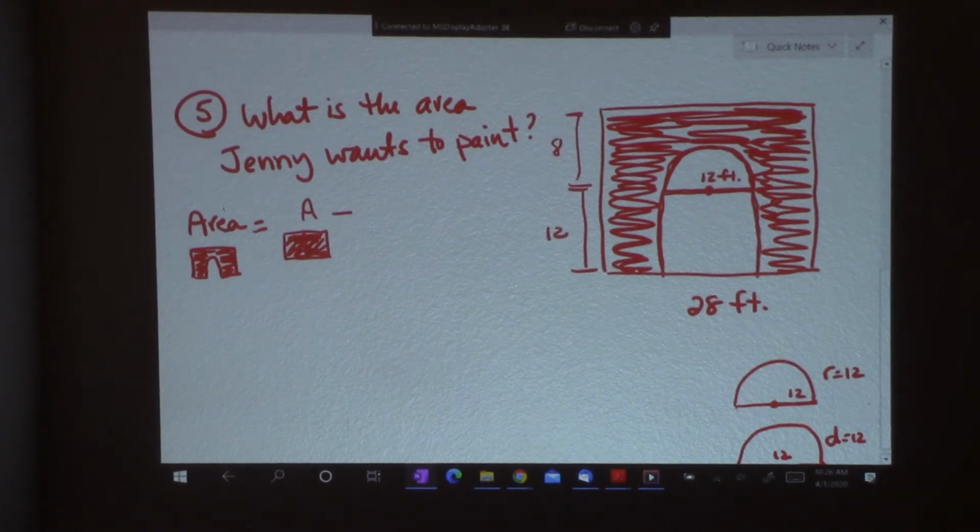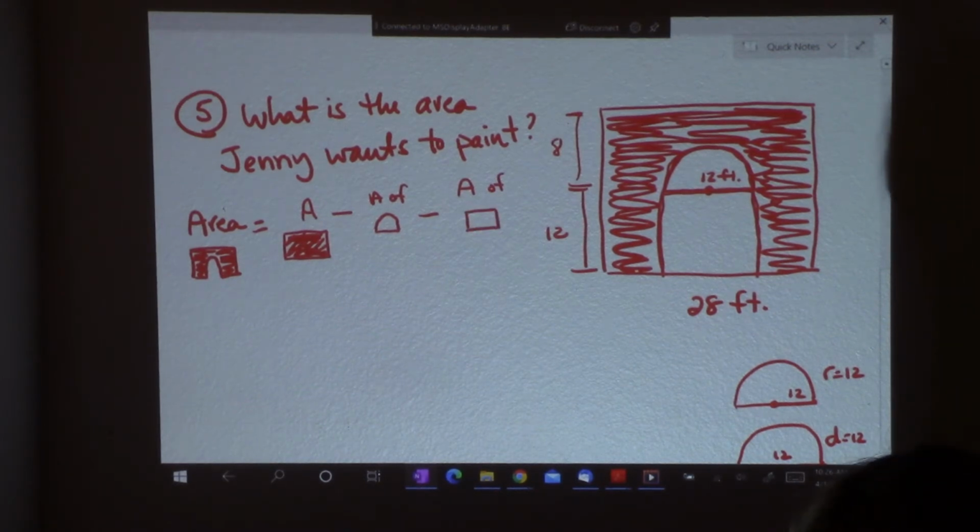So I'm going to minus the area of the semicircle, and I'm going to minus the area of the square. Now I'm leaving those open because we're not going to paint that part. So this whole area is the whole thing minus the semicircle and the square. So I need to figure out each of those parts.